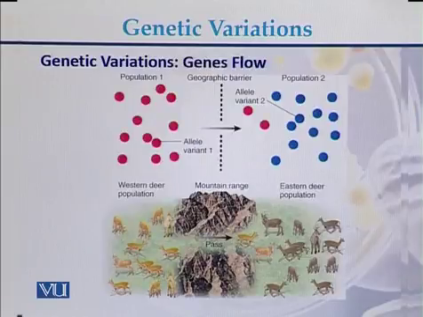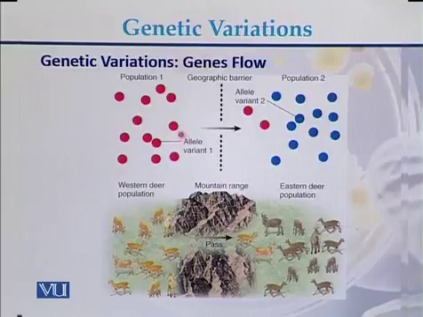Another reason for genetic variations can be gene flow. Here is population number 1 and population number 2, shown in the form of animals. Sometimes certain alleles move from one population to another. Here we can see that 2 allele variants move from one population to another.